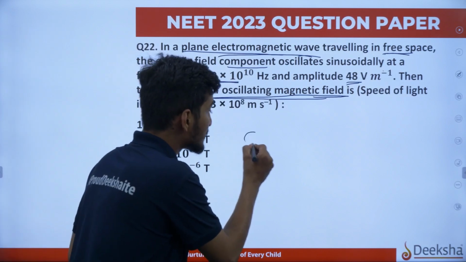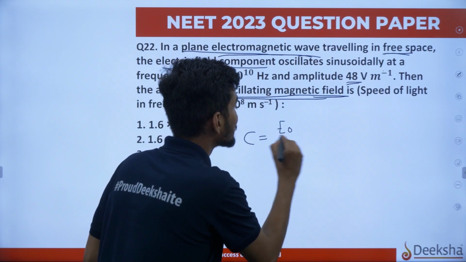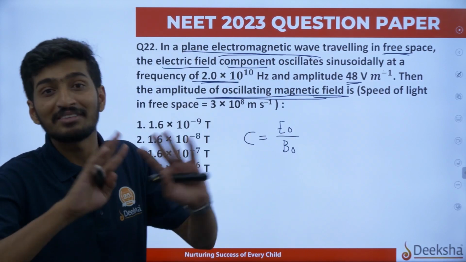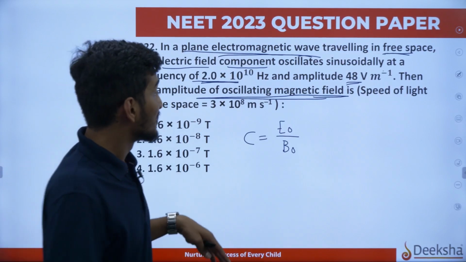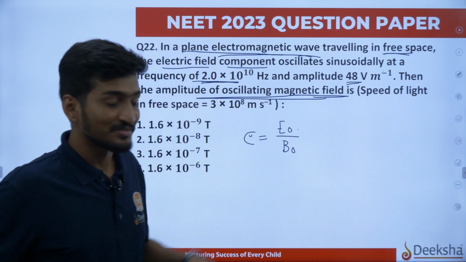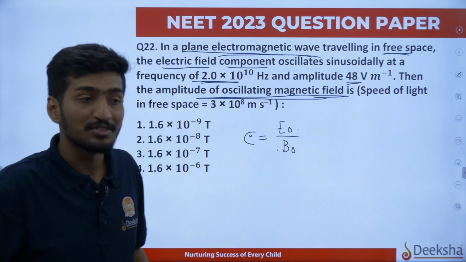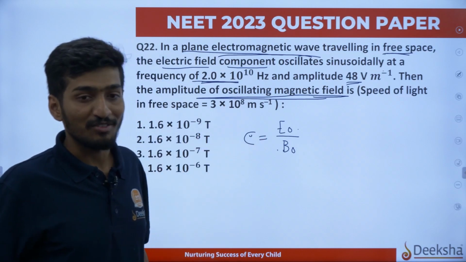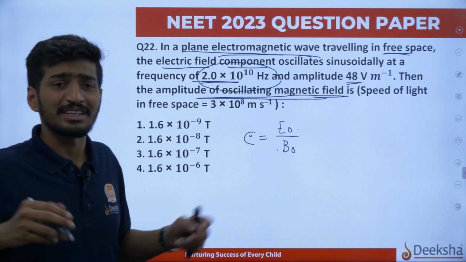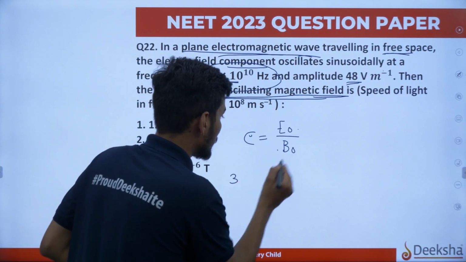What do I mean by that? You know that this c value, speed of light, is actually E naught by B naught, correct? You know this is true for any EM wave traveling in space, correct? So you need E naught, you need C, and from there you can calculate B naught. This is the amplitude of the electric part of the wave, this is the amplitude of the magnetic part of the wave. You take the ratio, you get the speed of light. There's information here that you don't really need, but that's been given, who cares? So let's get the value of B naught then.